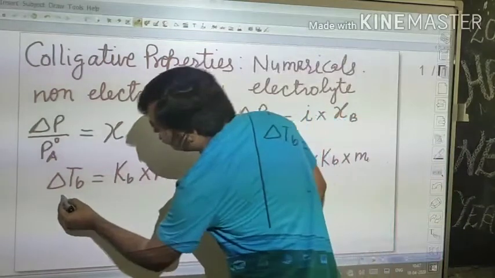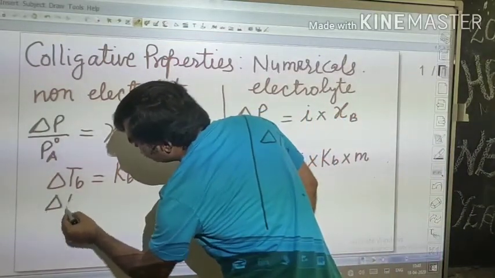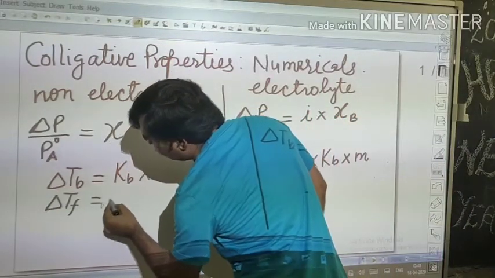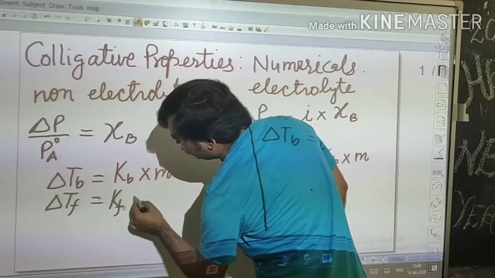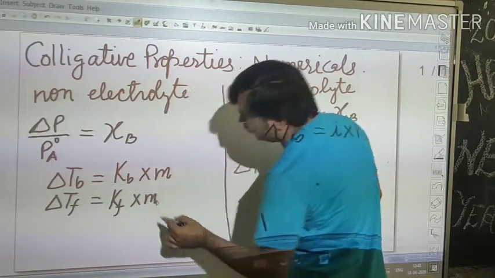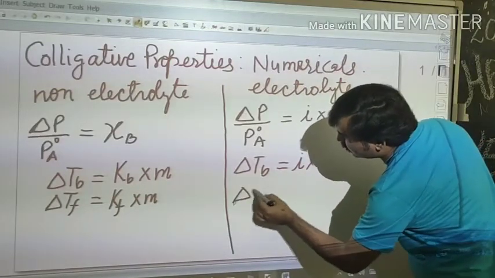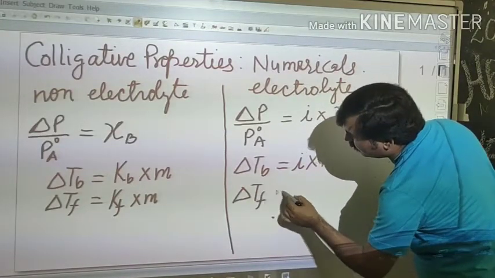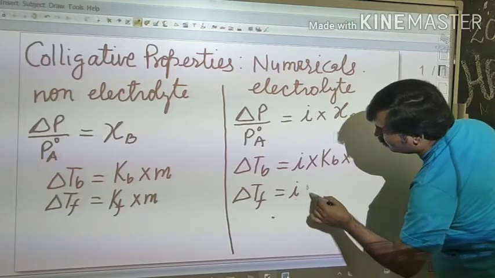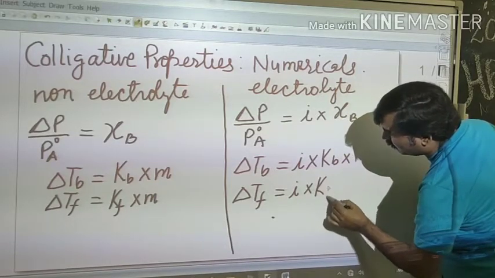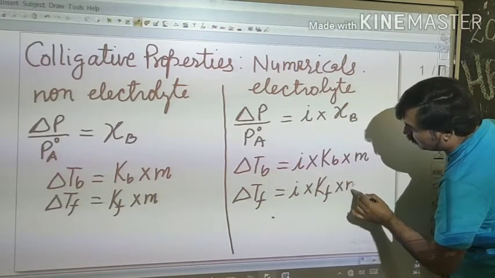For depression of freezing point, delta Tf is given by Kf into molality. But for an electrolyte, it changes to delta Tf equal to i into Kf into molality.